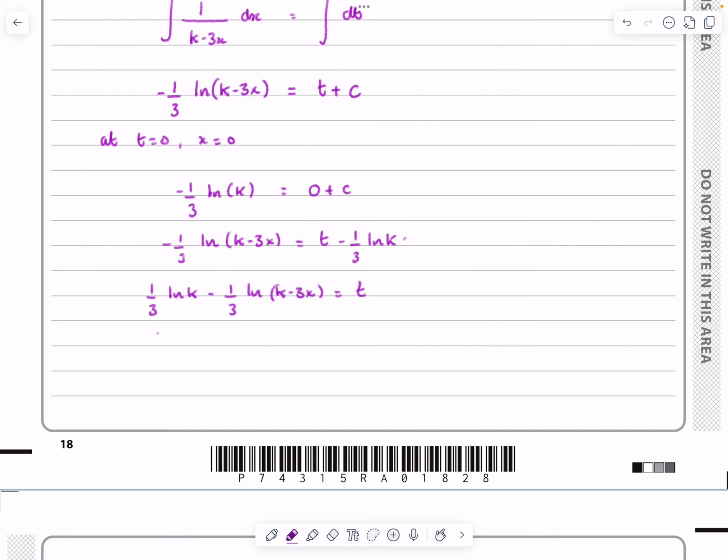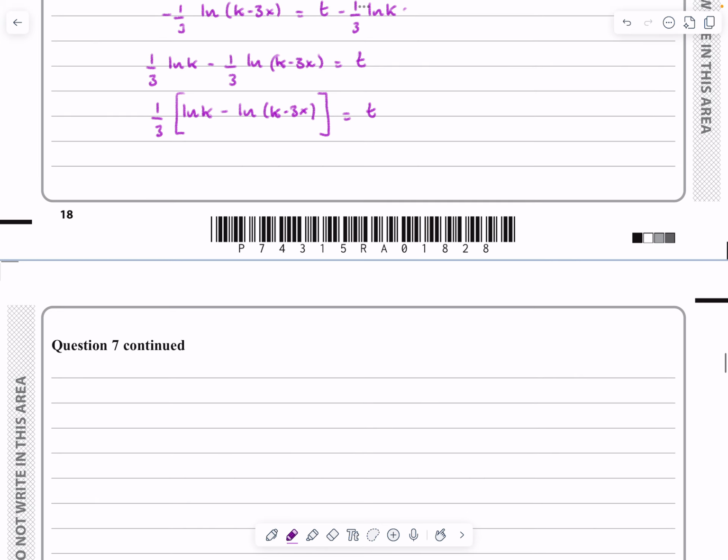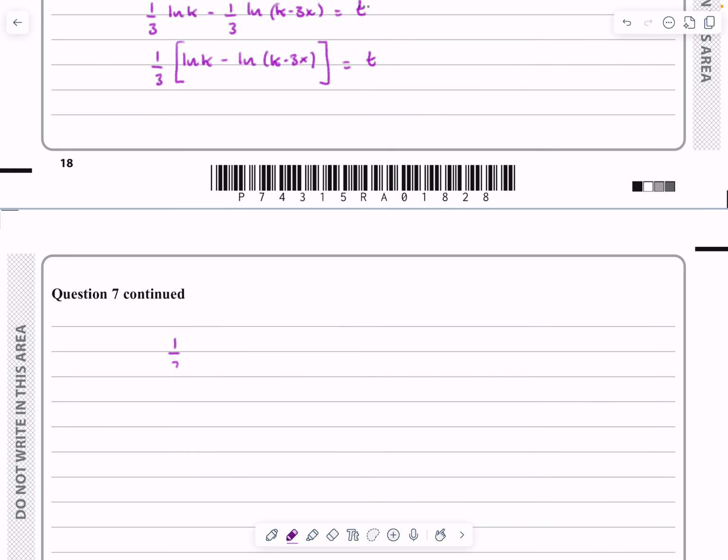I could take a third out as a factor: log k minus log of k minus 3x is equal to t. And then using my log rules, that's a third log of k divided by k minus 3x is equal to t.